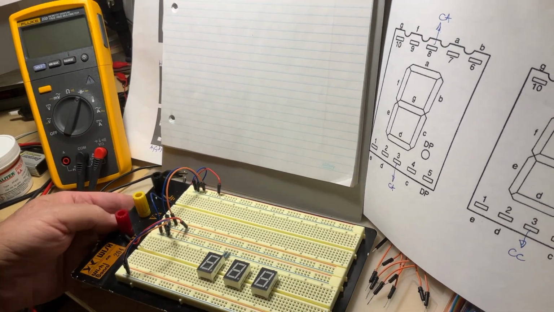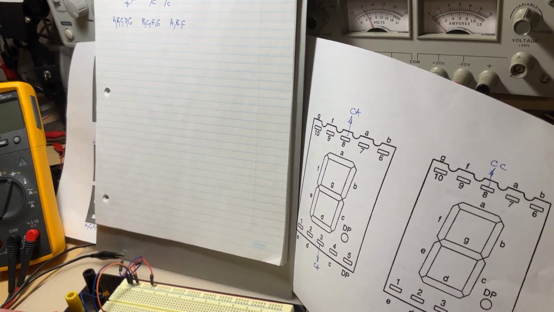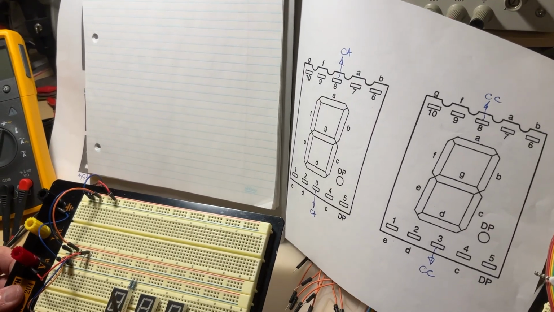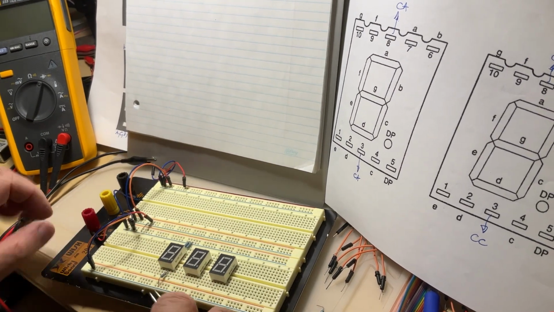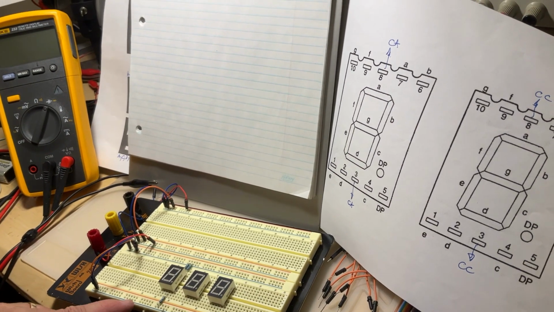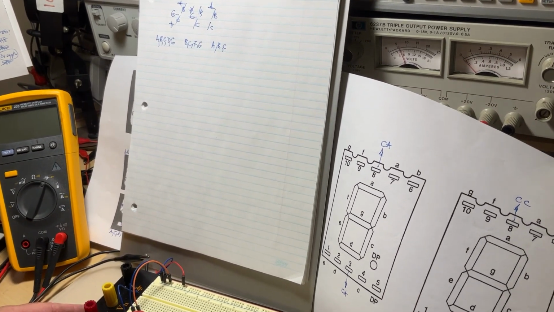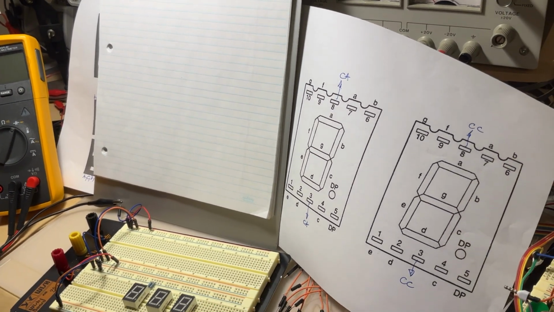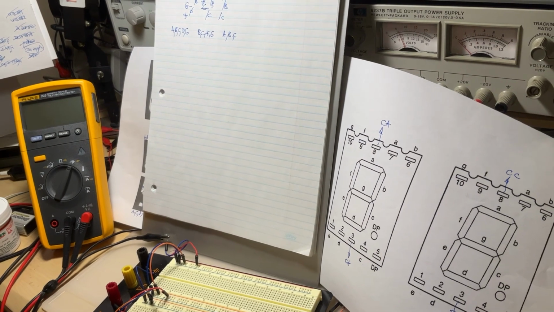Then I have the C. C is in the bottom, adjacent to the decimal point. All have to go to the blue line, because blue line is the ground. That was C. D is the pin 2. Right here.